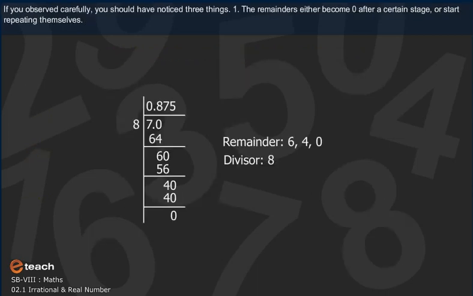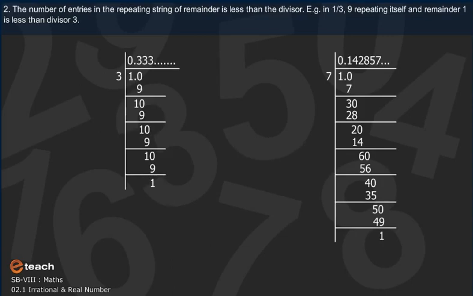If you observed carefully, you should have noticed 3 things. 1. The remainders either become 0 after a certain stage or start repeating themselves. 2. The number of entries in the repeating string of remainders is less than the divisor.